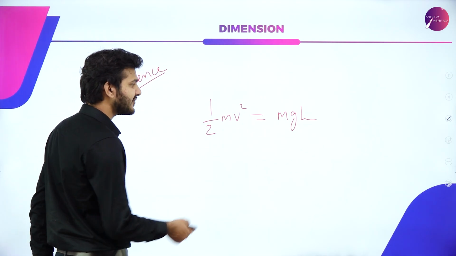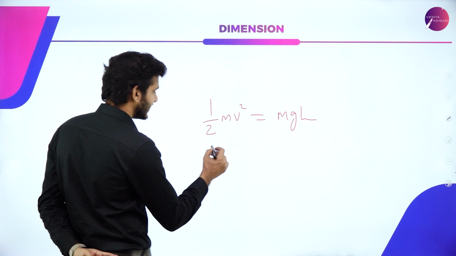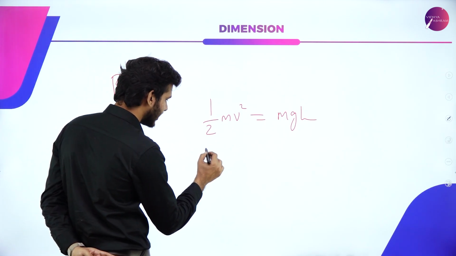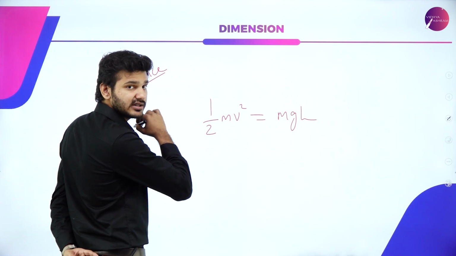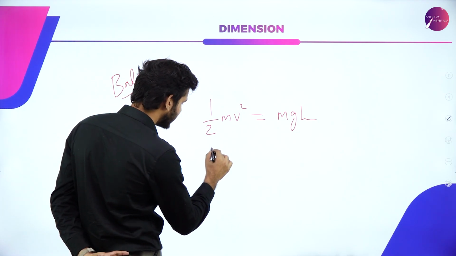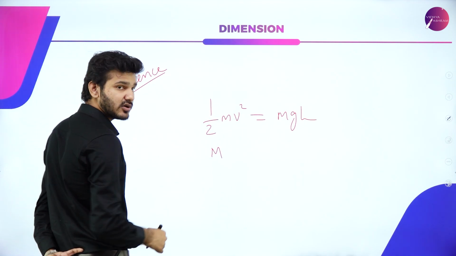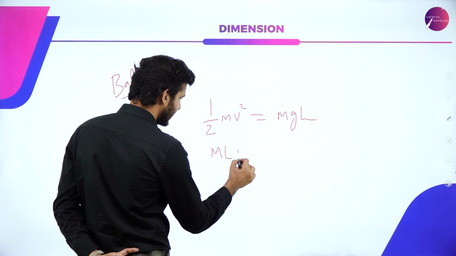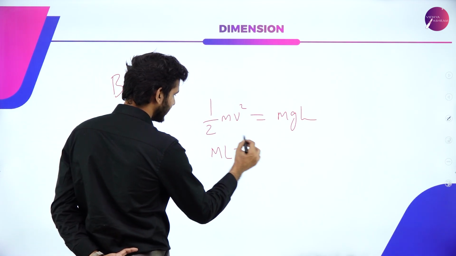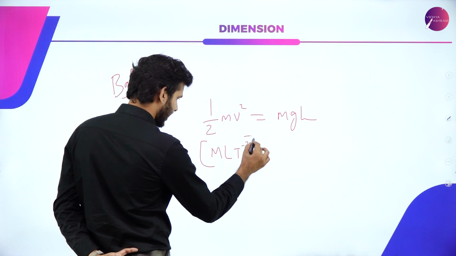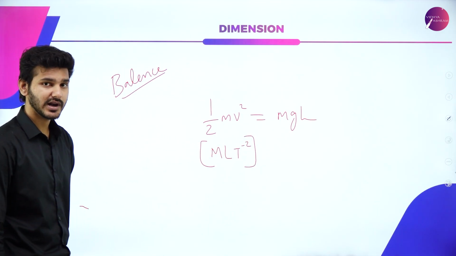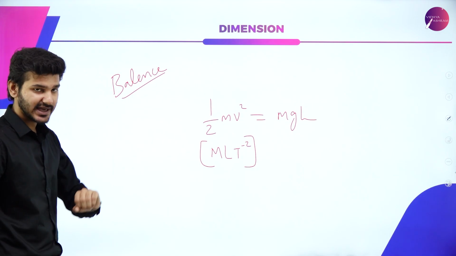And now we have the dimensional formulas. For half mv square, we don't have to consider the numbers. So we are starting with mass. We have 1 M for mass, and v square we already proved it is L into T raised to minus 2. So this is the dimensional formula for kinetic energy.